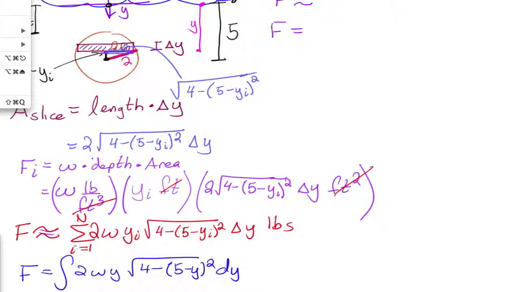They go from y equals 3, which is right here, all the way to the bottom of the circle, which is 4 feet down, so from 3 to 7. And then whatever that is equal to, you can use your numerical integration program to find.